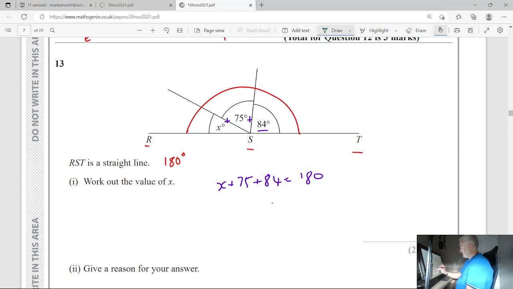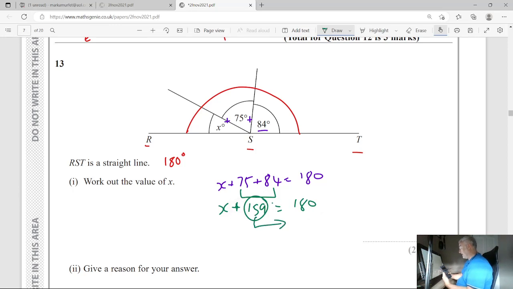Now, if you choose to add these together first, you can. On the calculator, 75 plus 84 equals 159. Again, I'm not doing it in my head, I'm doing it on the calculator. Equals 180. Now if I want to get rid of that, I move it to the other side and do the inverse operation.